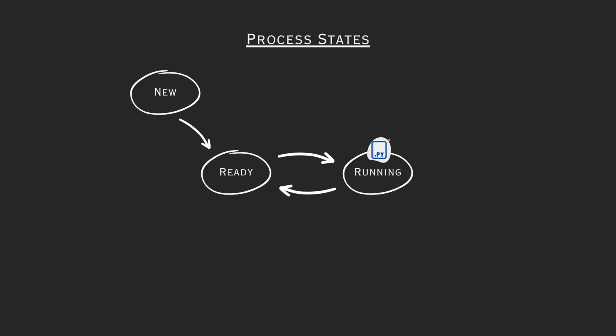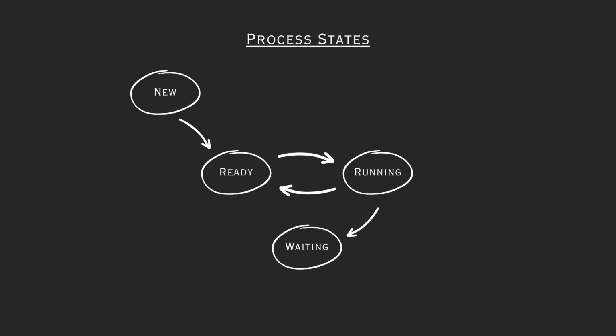Next, we have the waiting or blocked state. If a process in the running state needs to perform an IO operation, such as reading from a disk or waiting for user input, it transitions to the waiting state. During this time, the process cannot proceed until the IO operation is completed. It's effectively on hold, freeing the CPU to execute other processes.